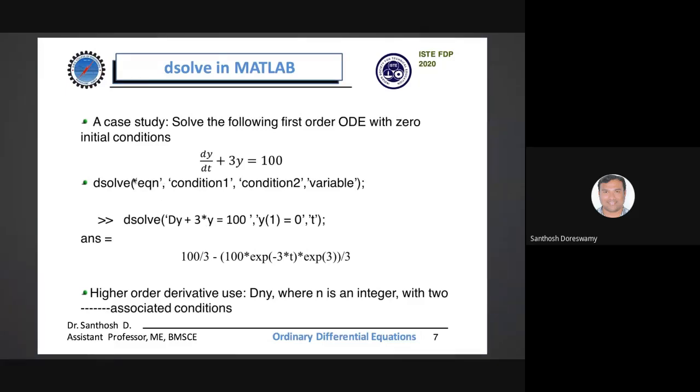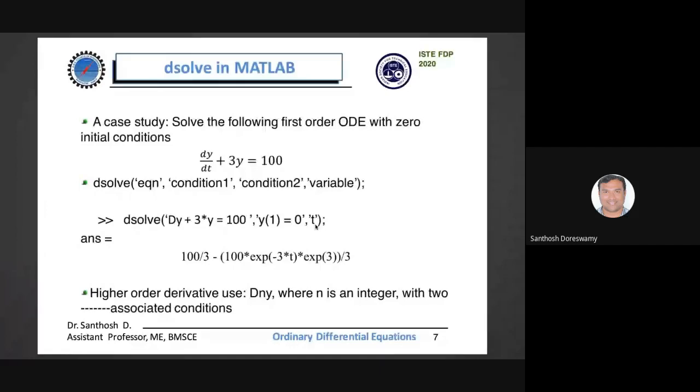Please never forget to write the quotes, because the differential equation that you enter will be in the form of a string. Then you specify the initial condition for the dependent variable y, which is y of 1 equals 0, for instance, that at time t equals 1 second, y of 1 equals 0. That will then be solved with respect to the independent variable t.